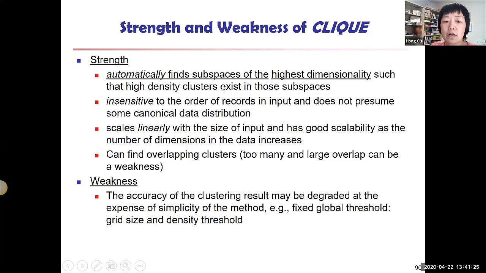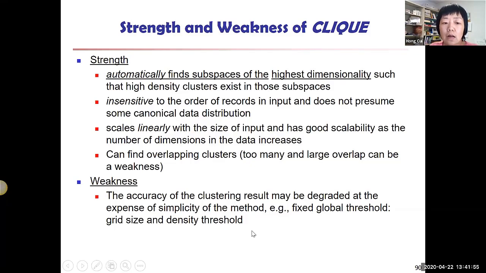It does not require any prior knowledge of data distribution, just count how many points there are. It actually scales very well using the Apriori Principle. And it can find overlapping clusters. This may be a strength. It could also be a weakness if lots of things are clustered and overlapping. It's very hard to read, and it's getting hard to understand.